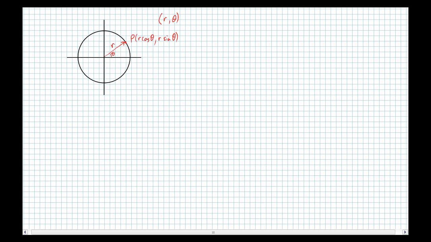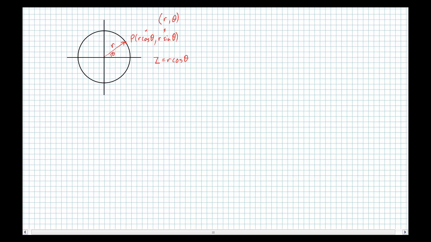So we can make this relationship between the polar and the Cartesian in that way, where x is r cosine theta, y is r sine theta, which essentially means that we could write this vector z in terms of r cosine theta.